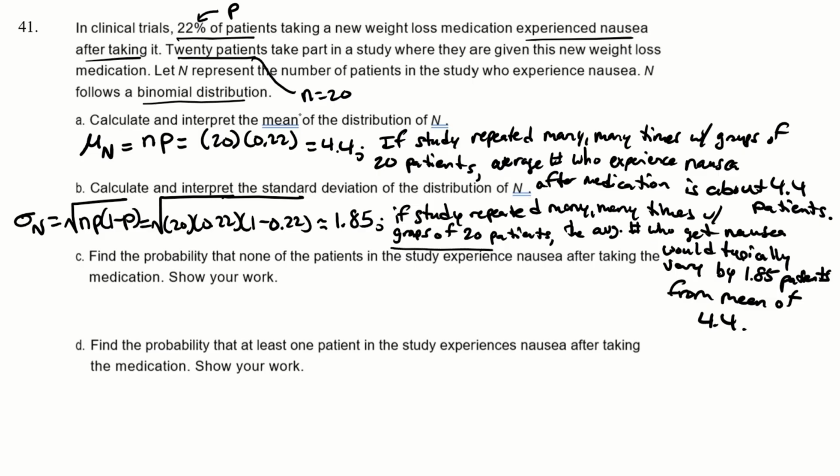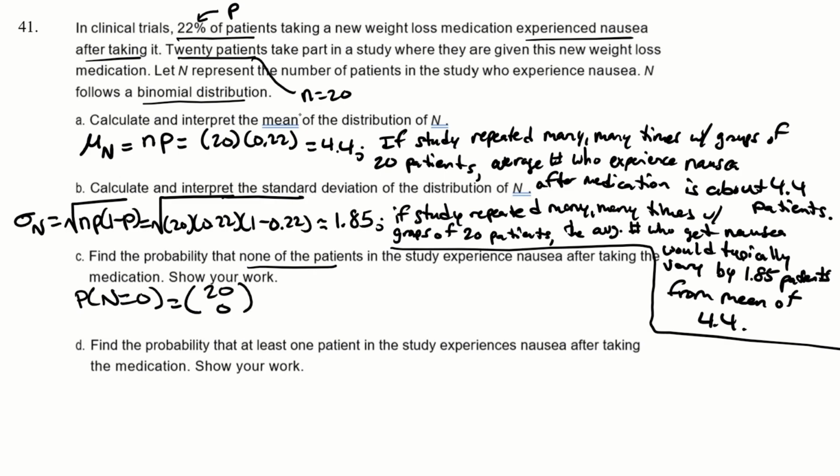That's that. So find the probability that none of the patients in the study experienced nausea after taking the medication. All right, so the probability that n equals 0. And then show your work. So 20 patients choose 0 times the probability of success, 0.22 raised to the 0, times 1 minus that, which is 0.78 raised to the 20 patients.